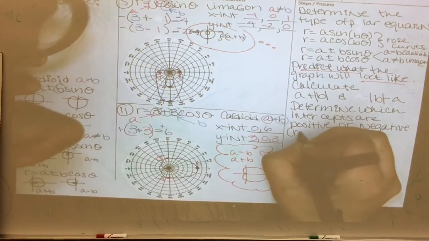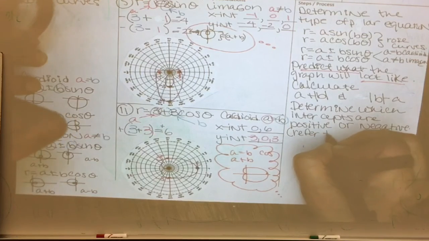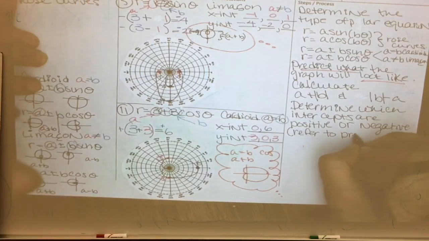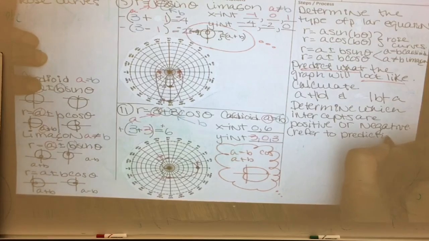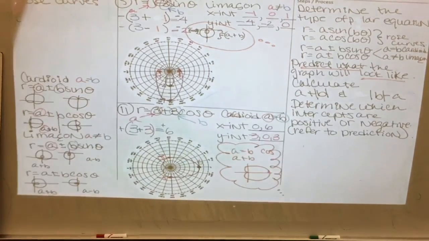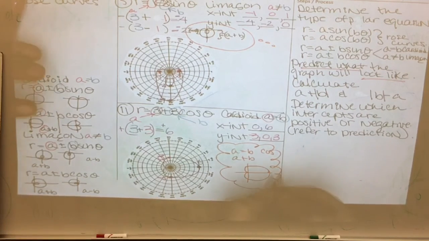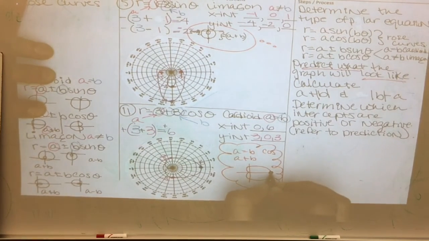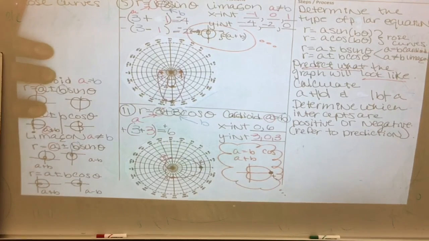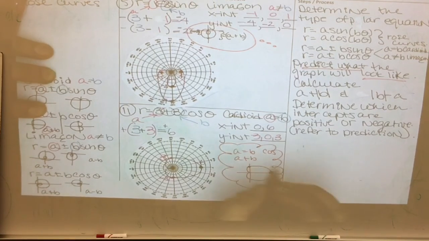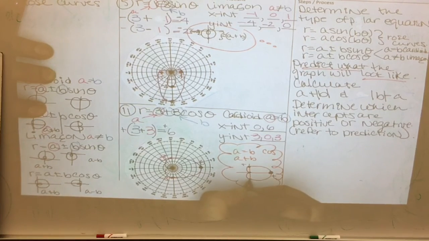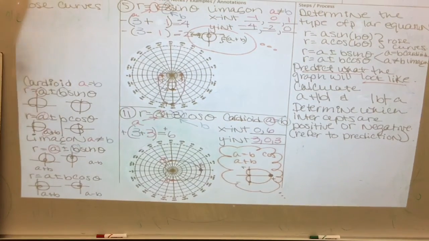And I'm going to write refer to prediction, because I'm very visual, and if I turn this into a bunch of words, I'm not going to remember. So I know that this is a positive intercept, a positive intercept, 0, and a negative intercept.